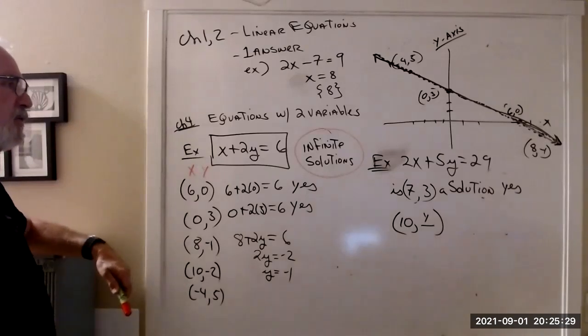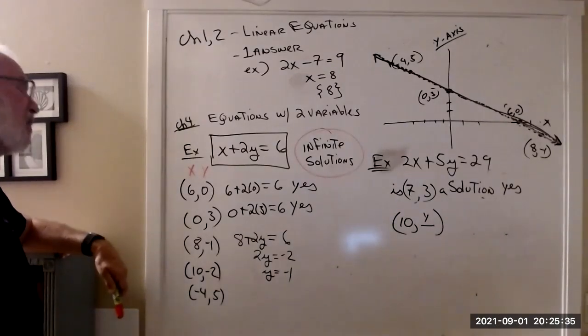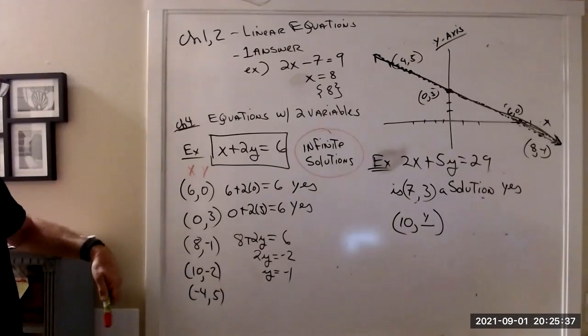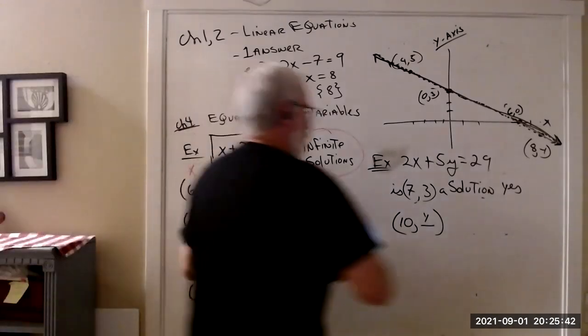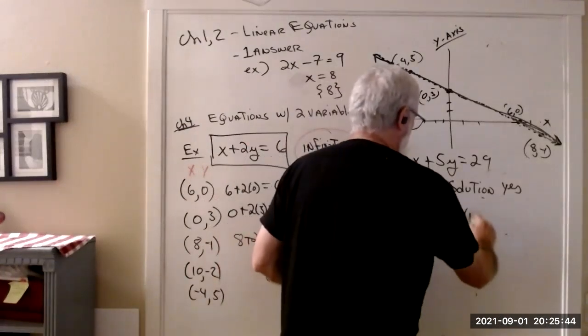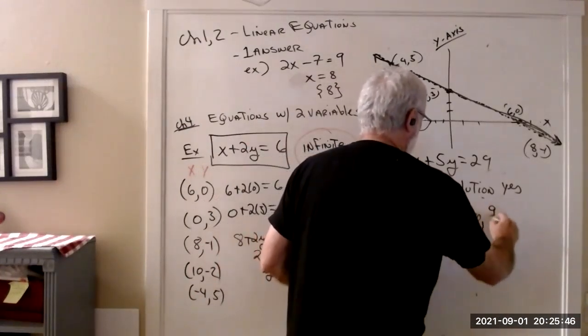Anybody think they got the answer? 9/5. That's what I get. I got 9/5 or 1 4/5 or 1.8, your choice. So what I actually got was (10, 9/5).